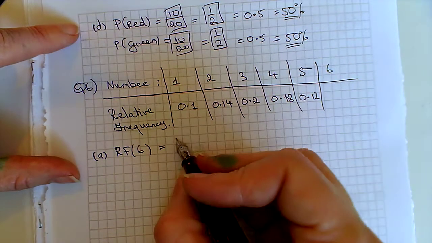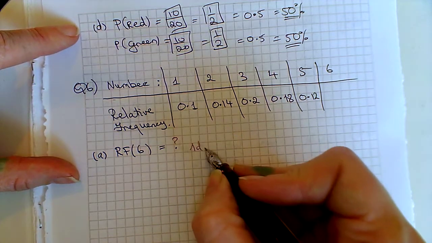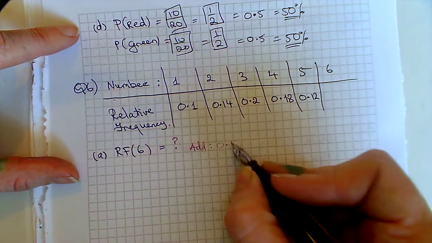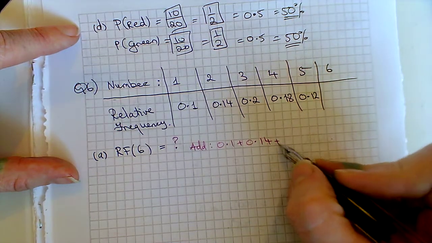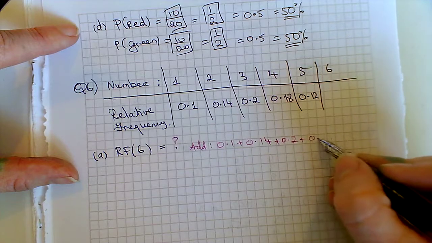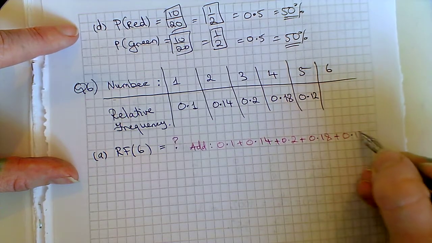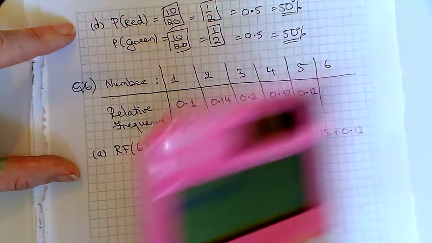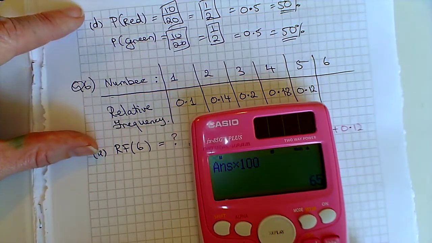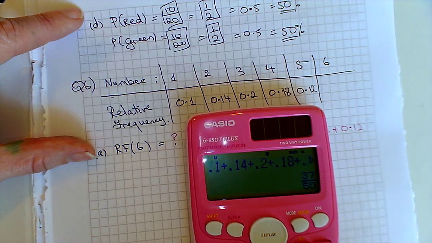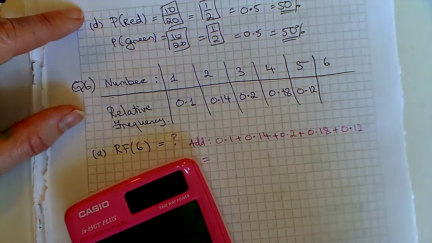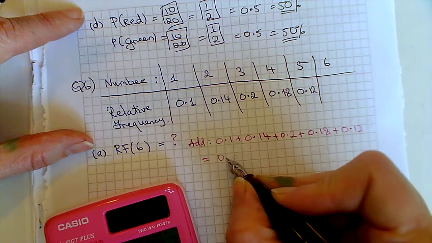And we know that all of those numbers must add up to 1. So first of all, we add the other numbers. 0.1 plus 0.14 plus 0.2 plus 0.18 plus 0.12. Add up all of those, and it's fine to just use the calculator to do that work. We get 0.74.